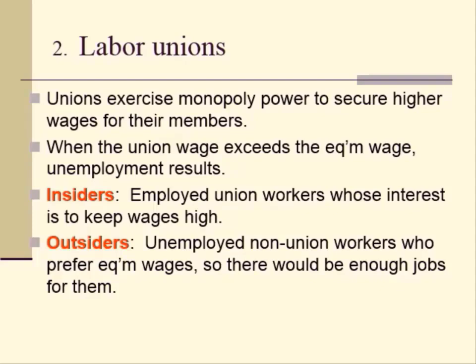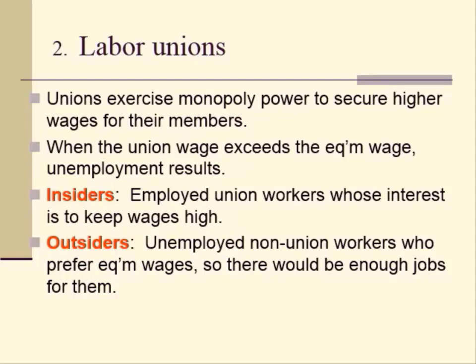And the theory has two implications we can confront with data. First, union members' average earnings should be higher than non-union members' average earnings. And two, the difference between union and non-union wages should be higher in industries that are more heavily unionized than in less heavily unionized industries.